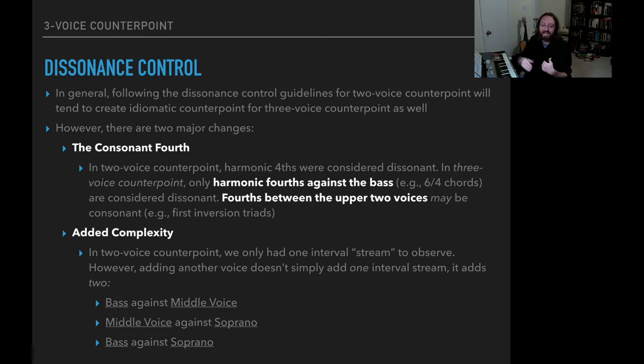The process is actually additive. We are adding two streams. So we now have the bass voice against the middle voice. That's one stream. And then the middle voice against the soprano. That's another stream. And then we'll also have to contend with the bass voice against the soprano. That's a third stream. So there are three streams of intervals that we have to watch out for as we are observing our dissonance control guidelines.